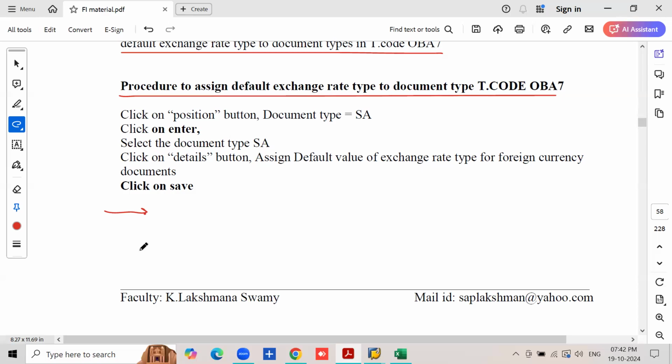Next, customer invoices, that is document type DR, are converted at the bank buying rate.